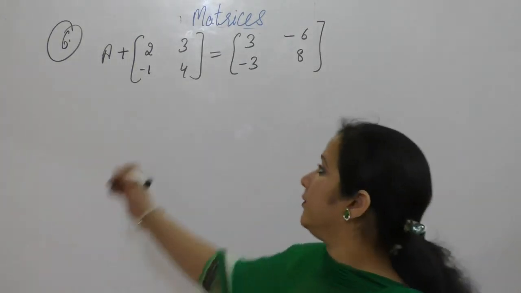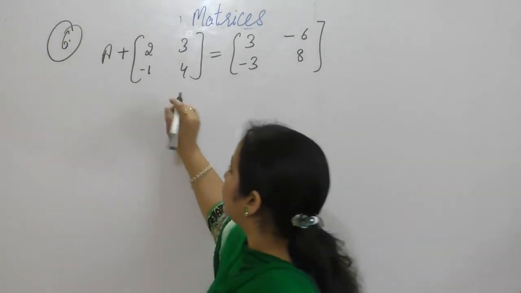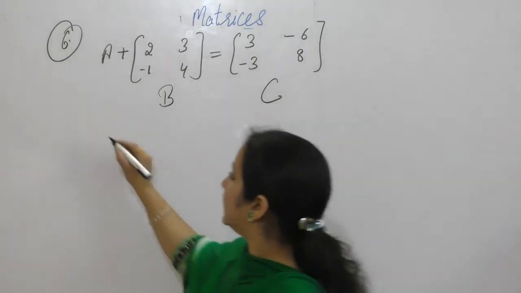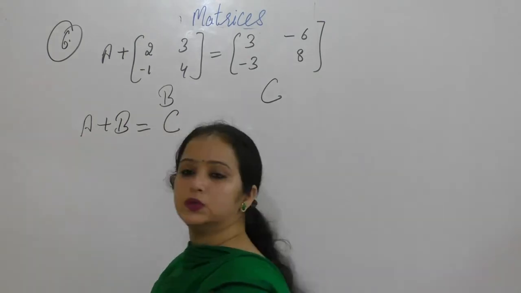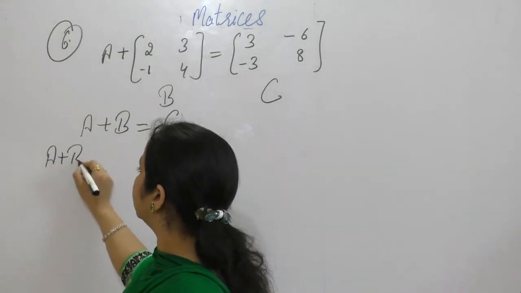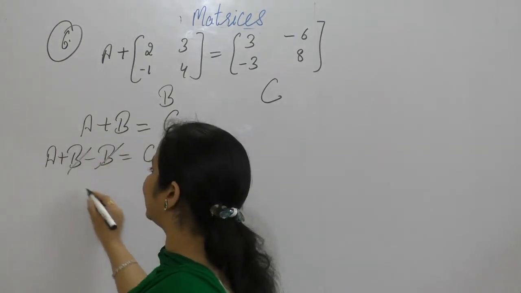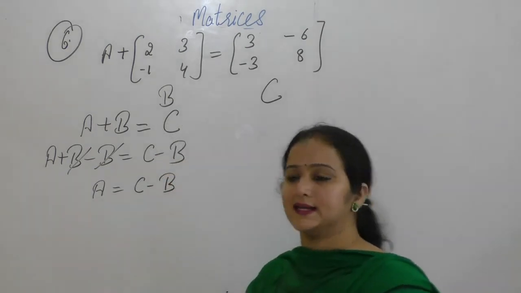Find A if A plus this matrix is equal to this. Let this be the matrix B and this be the matrix C. Then what is given: A plus B is equal to C. Adding minus B on both sides, B minus B gets cancelled. So A is equal to C minus B.